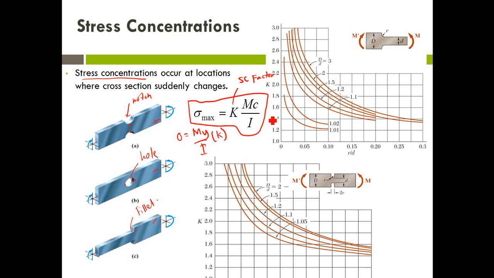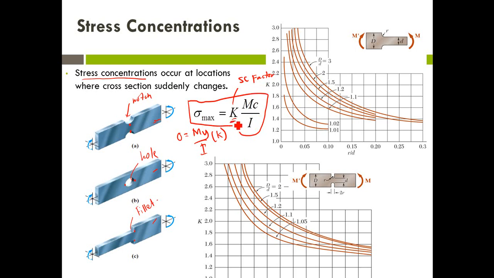Again, I repeat, if we have sudden changes in cross section, for example a notch, hole, or fillet, then in order to calculate the maximum stress, it is given by K multiplied by Mc over I, where K is the stress concentration factor.